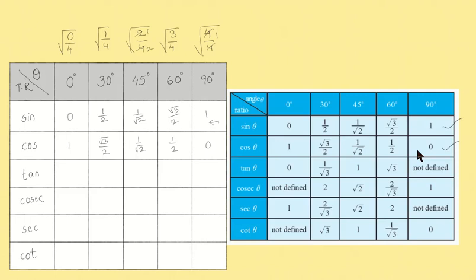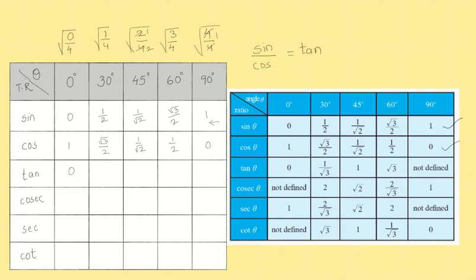Now we have learned in the previous video that sine theta over cos theta, or sine over cos, is tan theta, or tan. That means to find tan 0, what we need to do is divide sine over cos. So what is 0 divided by 1? When you divide 0 by 1, you get 0.